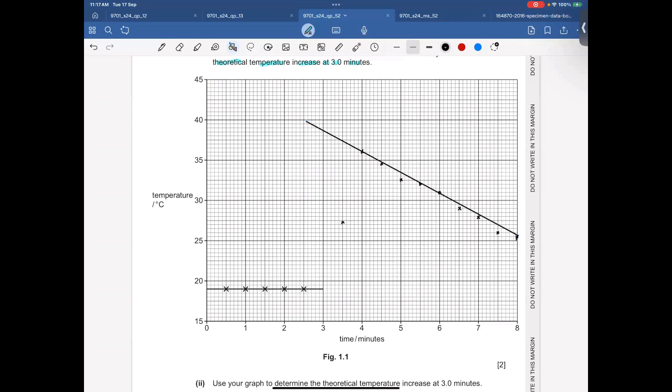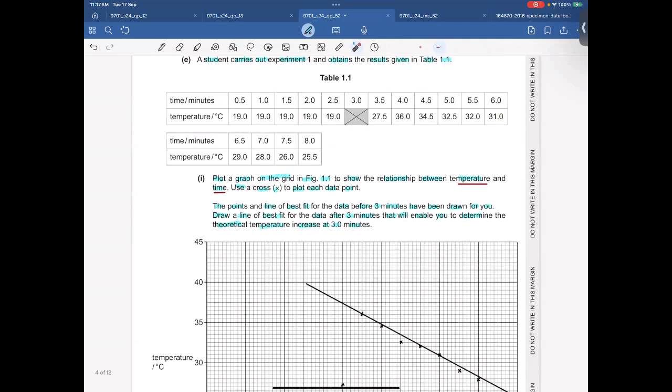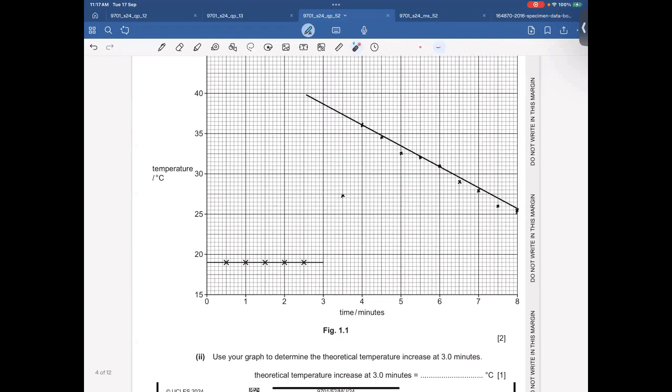I need to check these two points also. At 6.5 we have 29, 25, 26, 27, 28, 29. That's right.